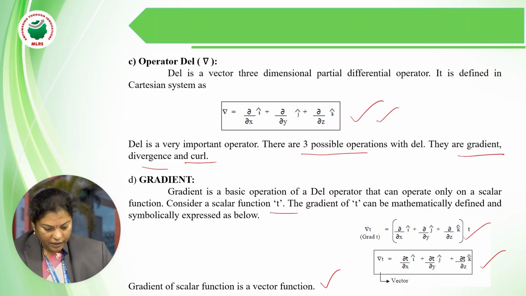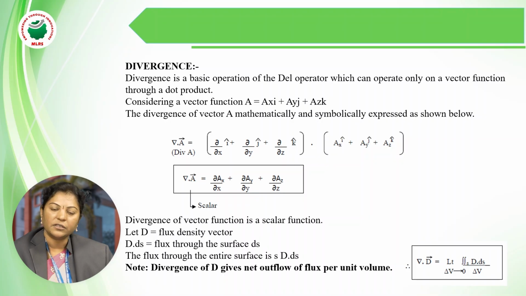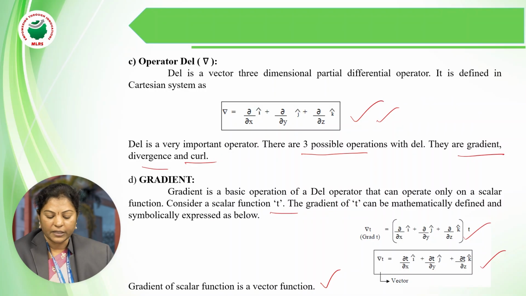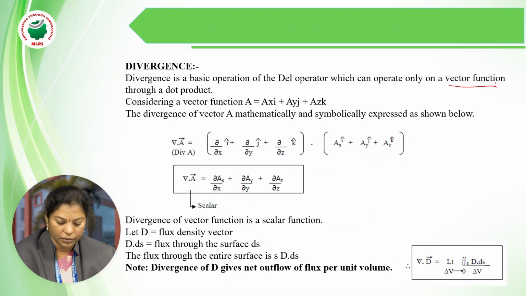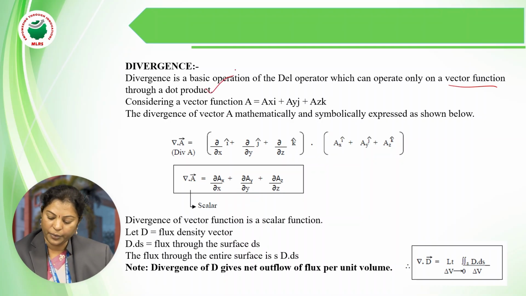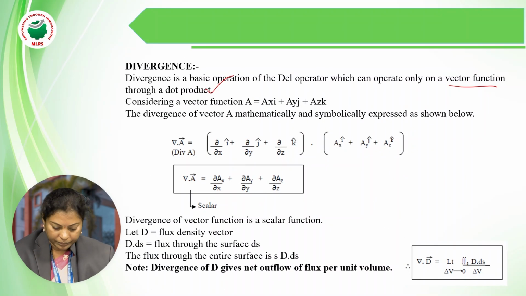Then next, coming to the divergence. What is divergence? Divergence is a basic operation of the del operator, which can operate only on a vector function. Previously, gradient operated on a scalar function. Here divergence operates on a vector function through a dot product, whereas previously it was a cross product.